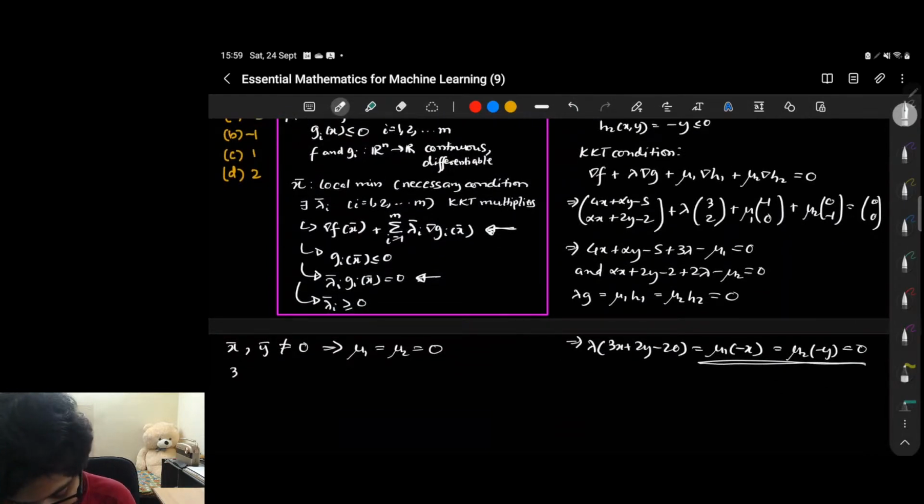And then the other condition is this one over here. So this implies, let us put in the optimal values.